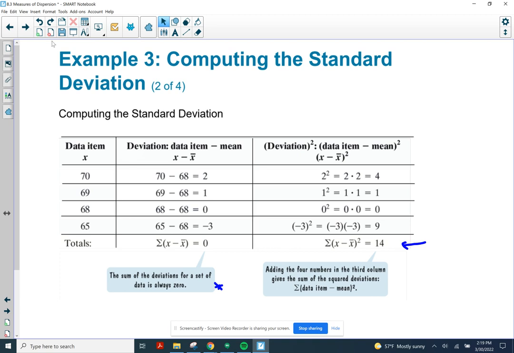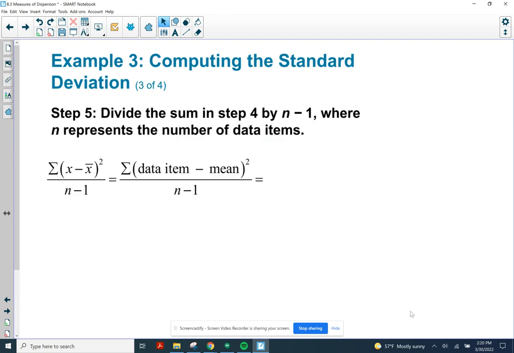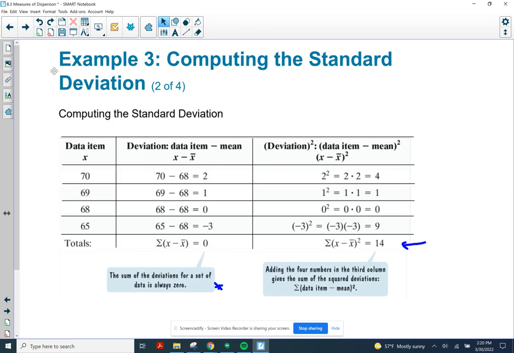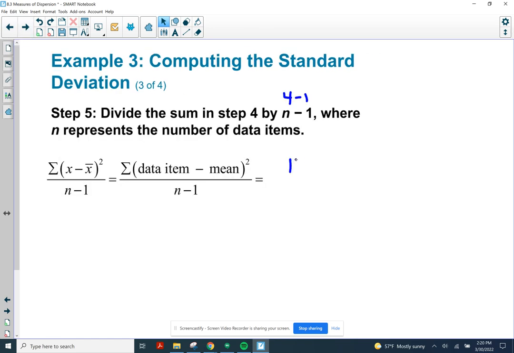Now we're going to move into step 5, where we divide the sum by 4 minus 1, because our n is 4. We had 4 data items. So we're going to divide by 3. What was our sum? Let's look back. The sum of our squares was 14 at the bottom.